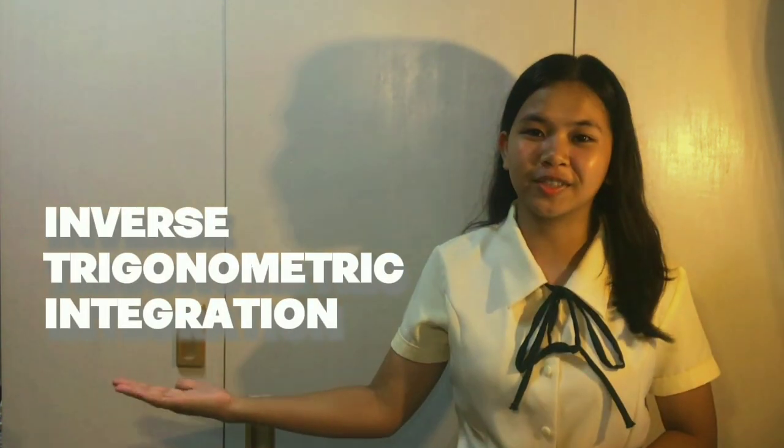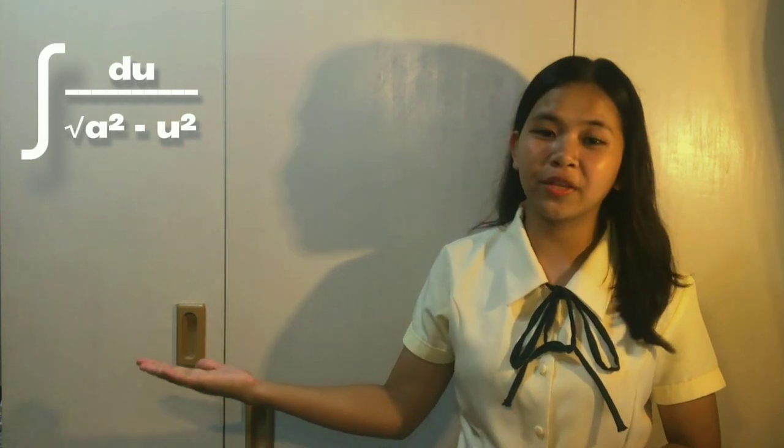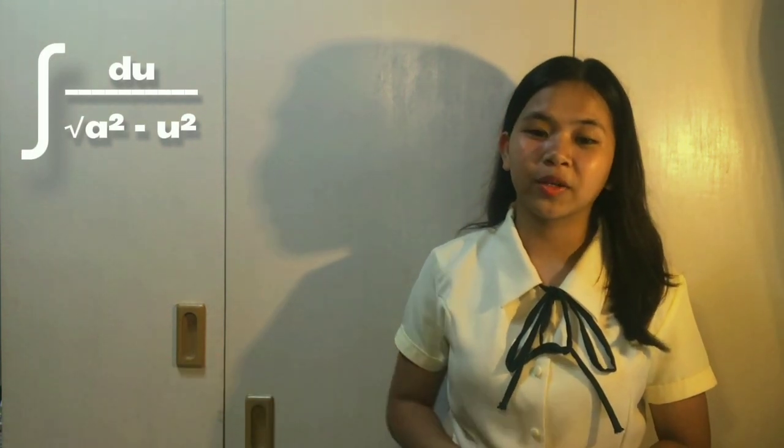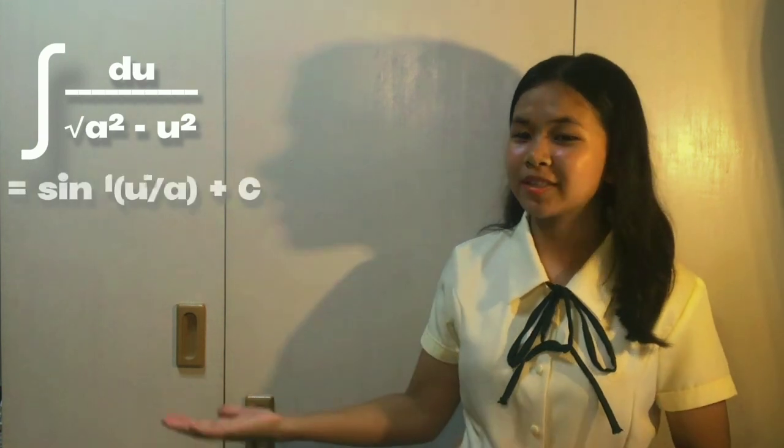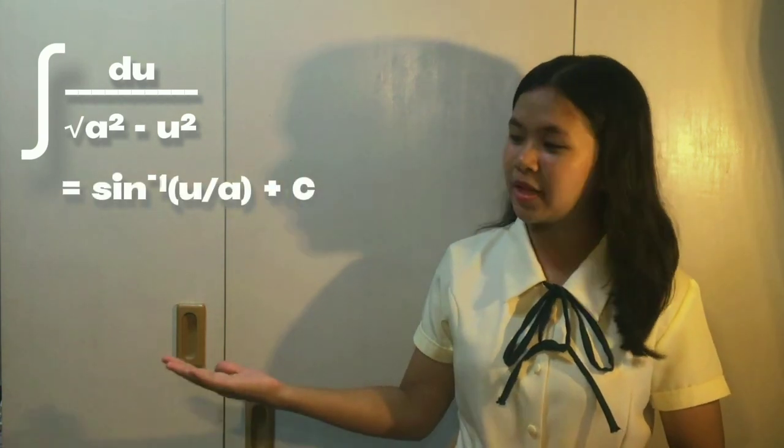In this section, we are going to focus on the integrals that result in inverse trigonometric functions. In this topic, we only have two formulas, which are the integral of du all over the square root of a squared minus u squared is equal to arcsine u all over a plus c.